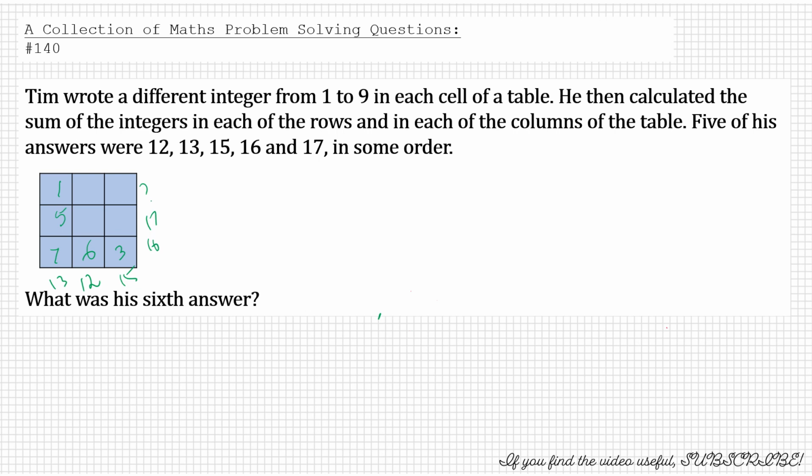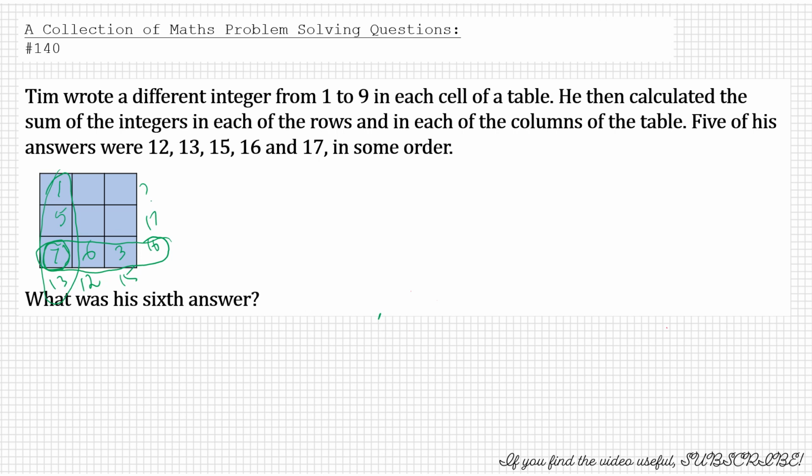So you notice when you do that, this digit 7 is being counted twice. Once it is counted as a part of the column total, and once it is counted as part of the row total. In a similar way, each of these digits is being counted twice.